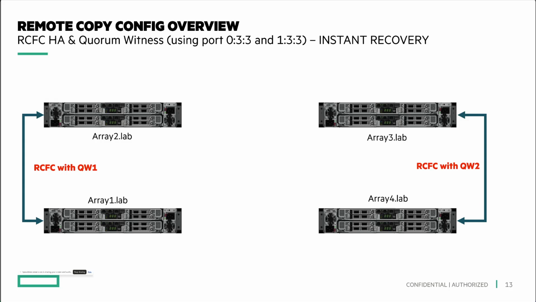So you need to work with the other group. Array 1, you need to work with the array 2 group to set up the remote copy Fibre Channel, and you will add the quorum witness, QW number 1. So the end result is an Active Peer Persistence solution.